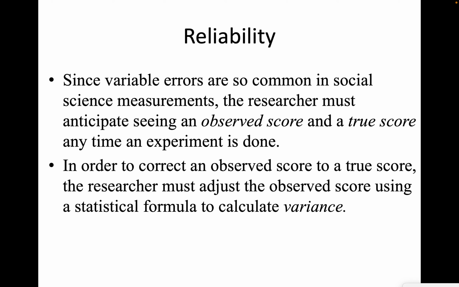Since variable errors are so common in social science measurements, the researcher must anticipate seeing an observed score and a true score any time an experiment is done. In order to correct an observed score to a true score, the researcher must adjust the observed score using a statistical formula to calculate variance. Now remember, we're talking about humans, and humans are different.